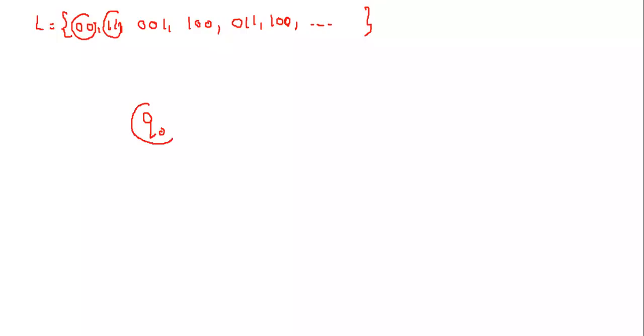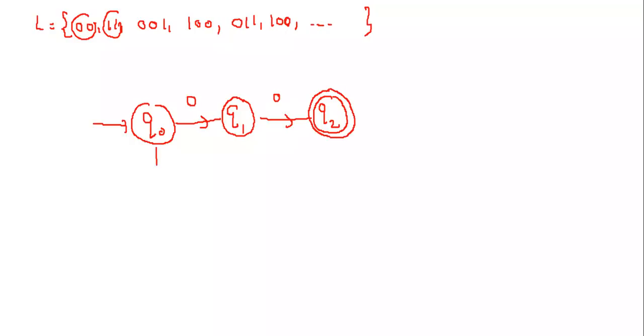On Q0, on taking 0, suppose I am going to Q1. Again on taking 0, I am going to Q2. Now I am making this a final state.